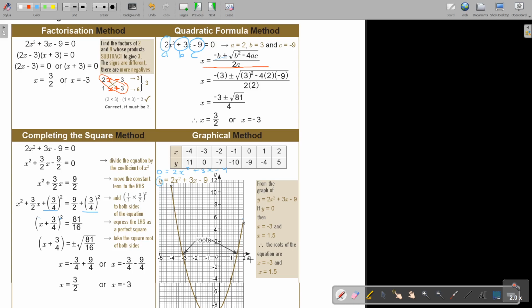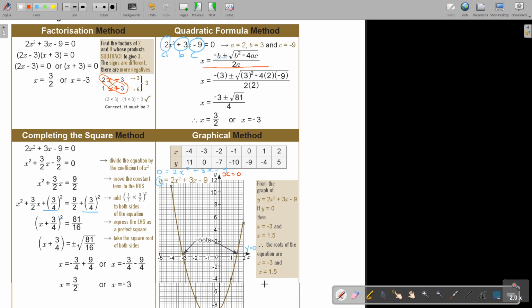Don't forget, this is called the x-axis, but it's actually the equation y equals 0. This is called the y-axis, but it's actually the equation x equals 0. I read the values down, and I get exactly the same answer. So just have this picture in your mind. These are the 4 ways I can solve a quadratic equation.